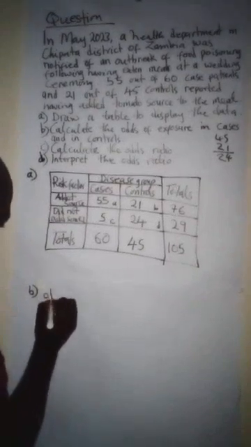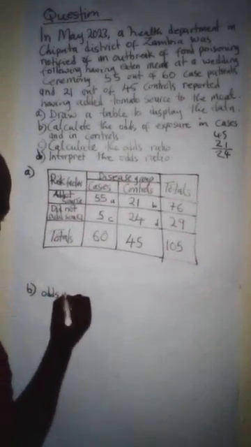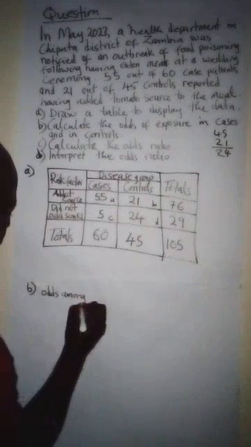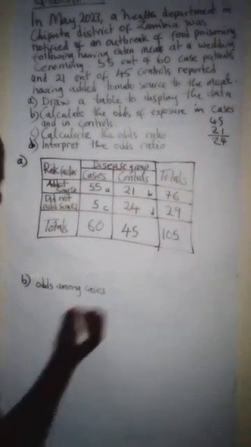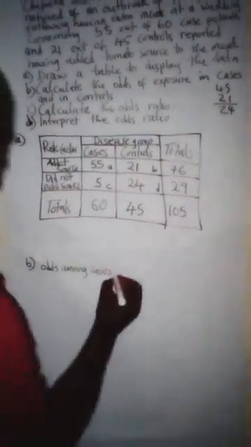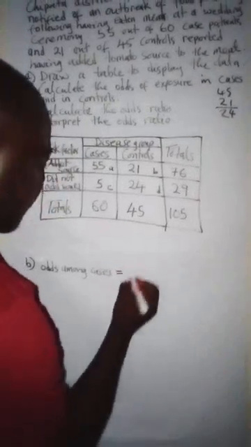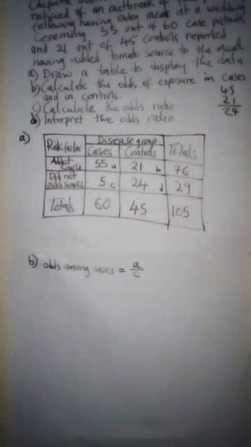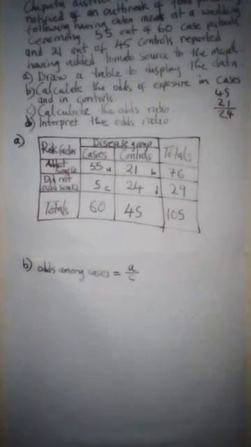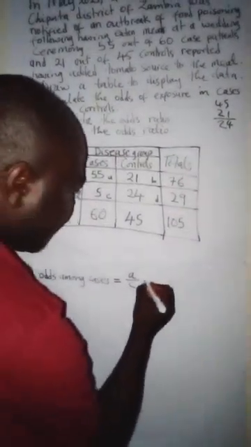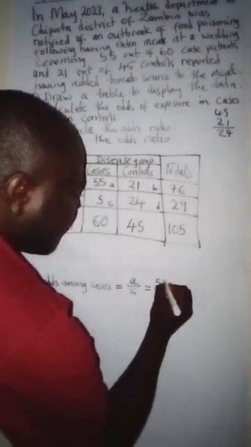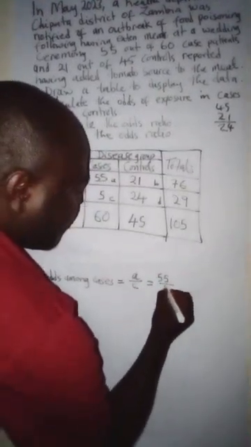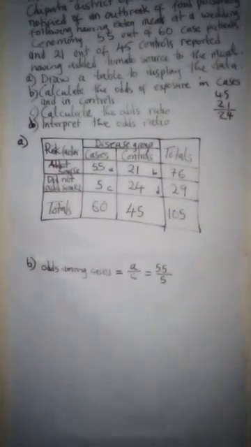So the odds among cases is equal to A over C, which is 55 over 5.